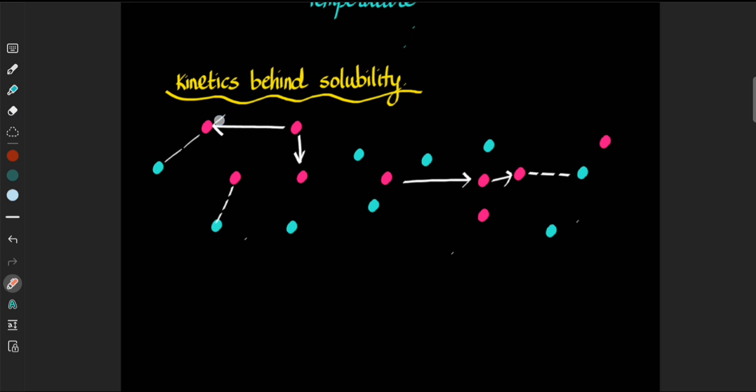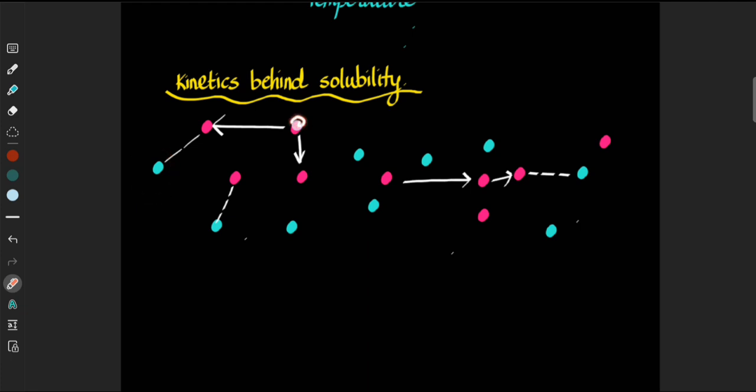The molecules have a very high movement when exposed to high temperature. So this pink one is actually the proteins, and the blue one is the water. I'm just giving you an example of water. The solvent could be anything other than water, but this is just a general example.